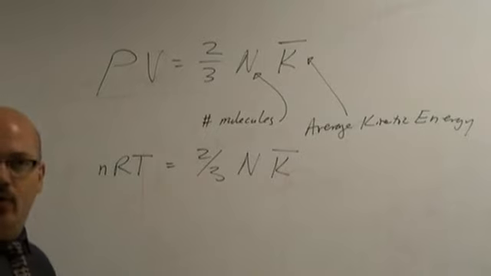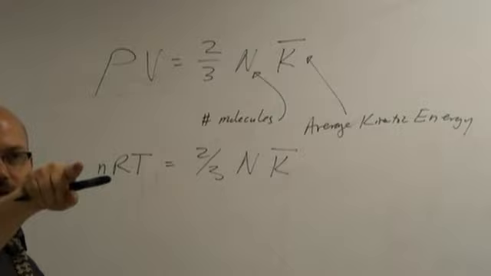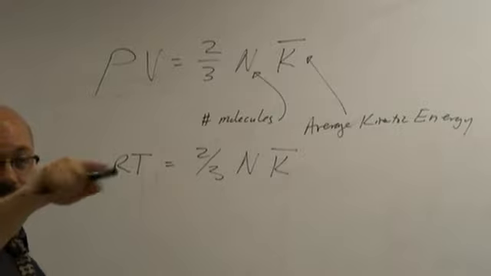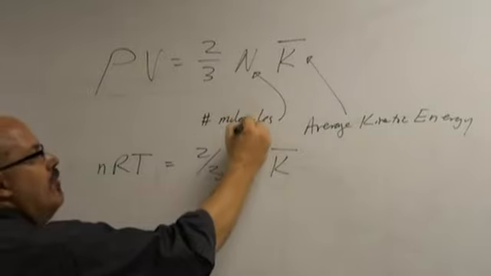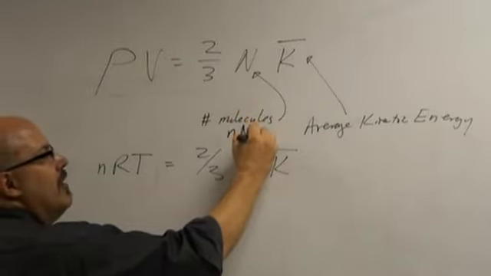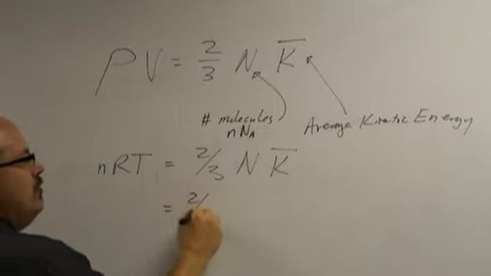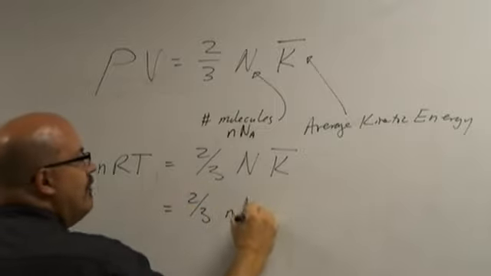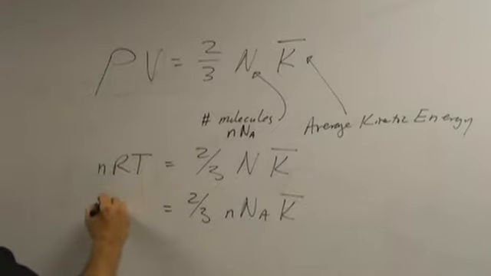Now wait, there's more. Number of molecules is the same thing as number of moles times Avogadro's number, right? So I can substitute that in. So I get 2/3 number of moles, Avogadro's number, kinetic energy average, nRT over here.